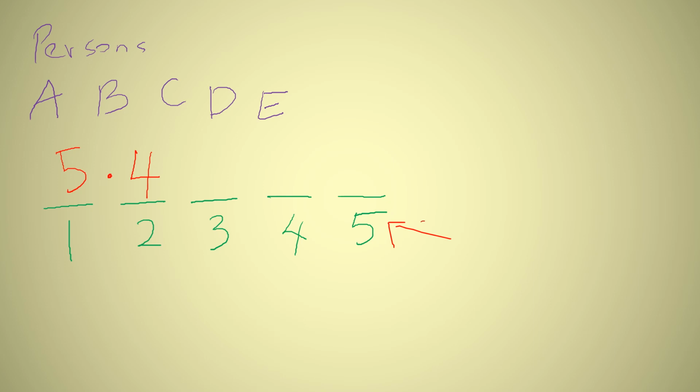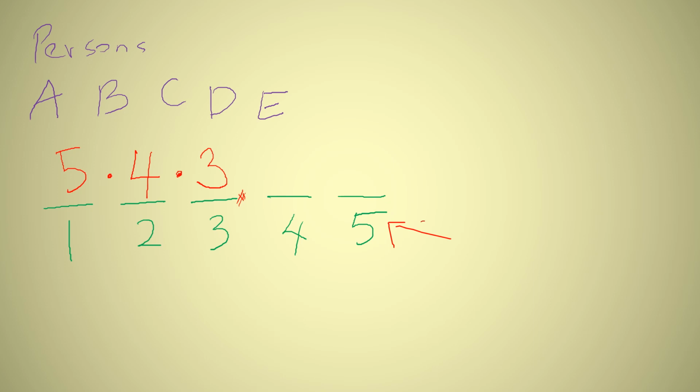Next, how many people could we now sit in seat 3? For each of those 20 scenarios, 3 people haven't sat down yet, so there are three possibilities. So now there's 5 times 4 times 3 scenarios for seating the first 3 chairs.